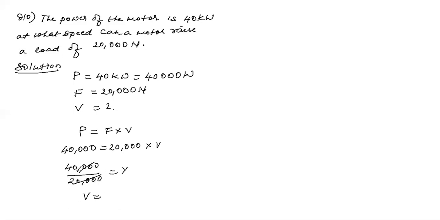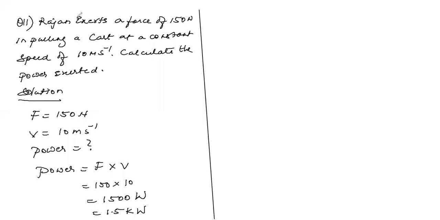So V is equal to 2. The zeros also get cancelled. 2 meters per second. So it will raise a load at the speed of 2 meters per second. I hope people understood me.